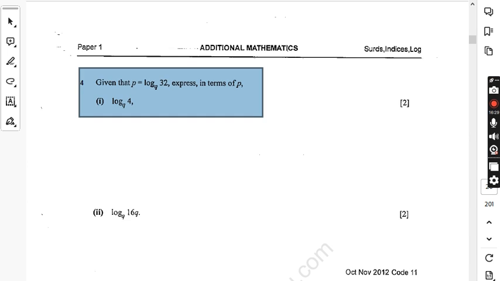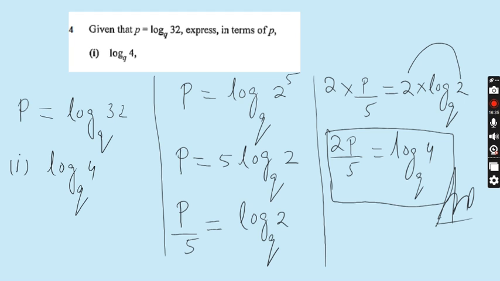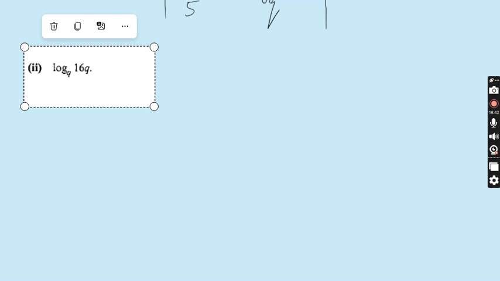What is the next part? Next part is find log q 16q.